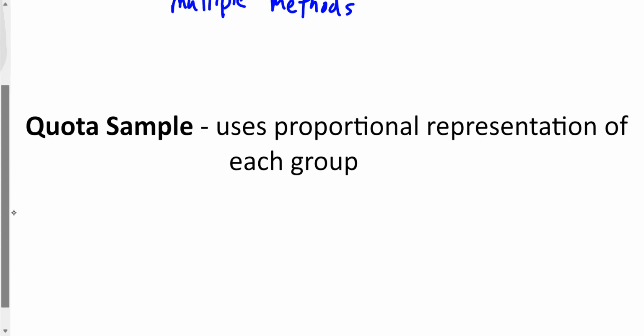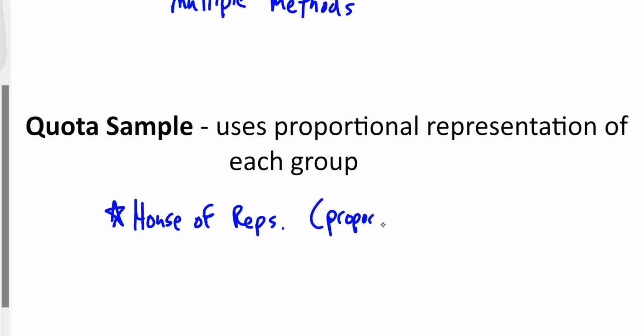And a quota sample is using proportional representation of each group. So if you know anything about how the House of Representatives works, it is proportional to the size of the state population.